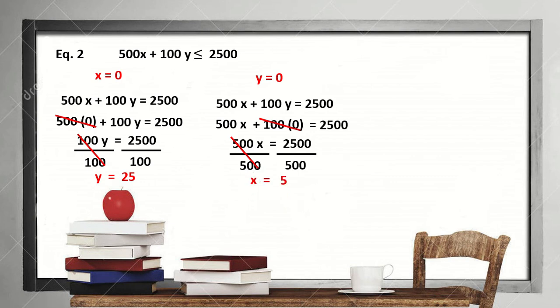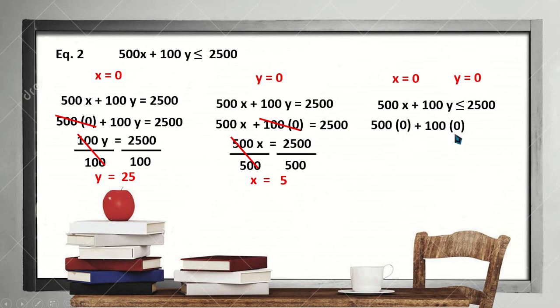Next is for the test the origin. So, test natin si origin para malaman natin kung ano yung mga solutions ng equation 2 natin. So, we have x is equal to 0, then y is equal to 0. So, we have 500x plus 100y is less than or equal to 2,500. So, palitan natin to ng 0. 5 times 0, palitan natin ng 0.